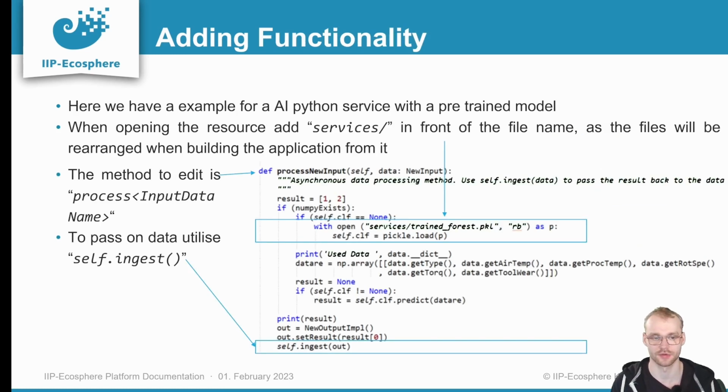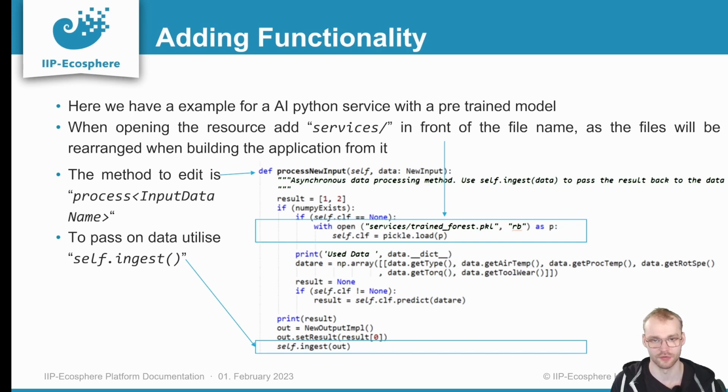If we're now adding some functionality to this, we have an example in the middle of the screen for this. Here we firstly open the resource trained forest PKL, which is a pickled version of a trained forest model we've copied into our container or just put into our Eclipse project. The method to edit is, as with the Java services, process input data name.